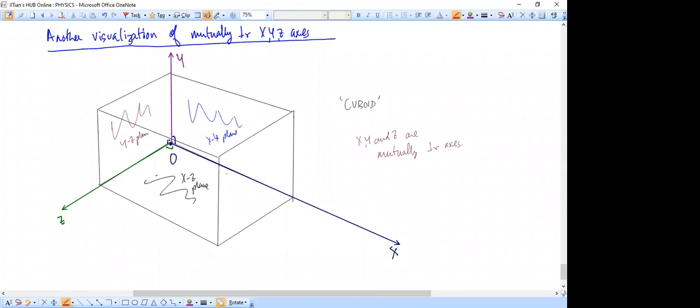But for right now, just remember this standard diagram: if this is the room in which you're sitting and the XY plane is the wall that you're seeing in front of you, then this edge, which is in front of you on the floor, is your x-axis. This edge, which is to your left-hand side on the floor, is your z-axis, and the vertical corner is your y-axis. Just remember this as a convention for now. I'll explain how to orient otherwise.